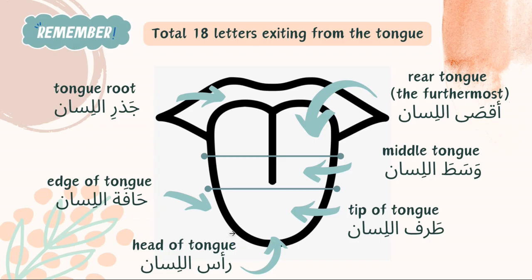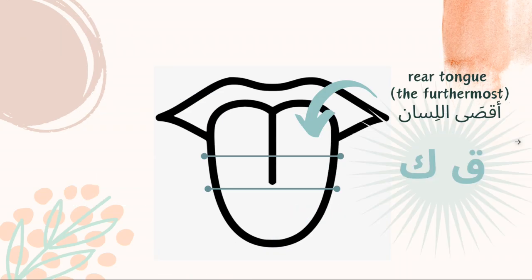We also have hafat al-lisan, the edge of the tongue, and the edge extends from here down to the head of the tongue. We have 2 edges, right edge and left edge. Okay, this is a reminder regarding what we already took regarding the division of the tongue parts.